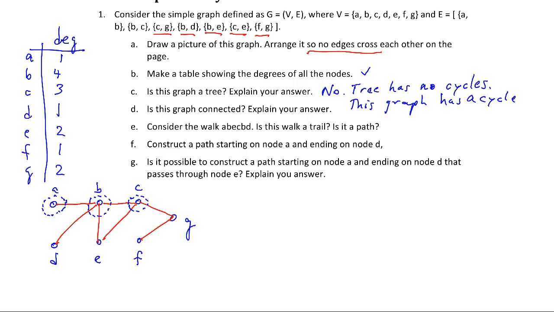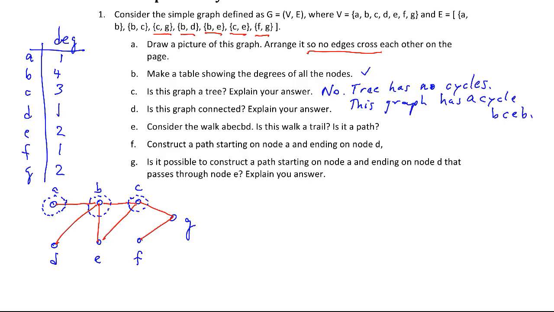I keep wanting to call it a loop. It's a walk that starts and ends on the same node. And so B, C, E, B, let's call it that cycle.